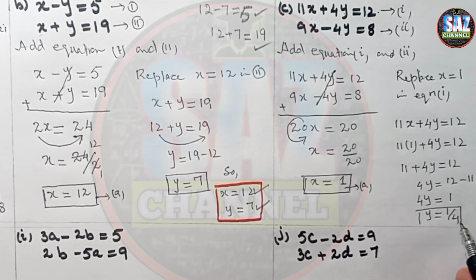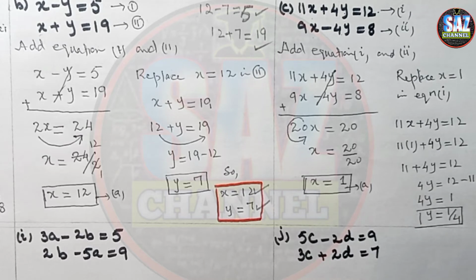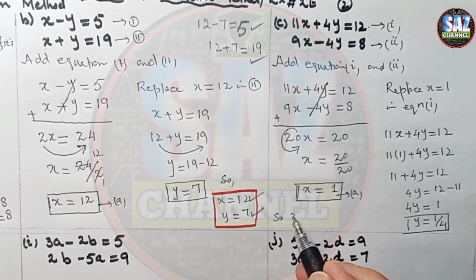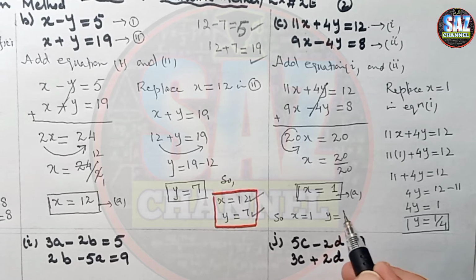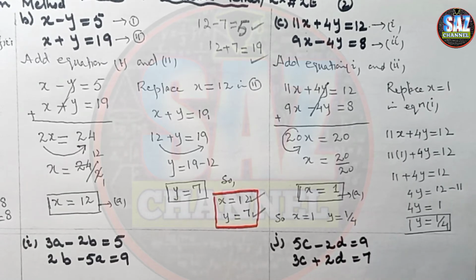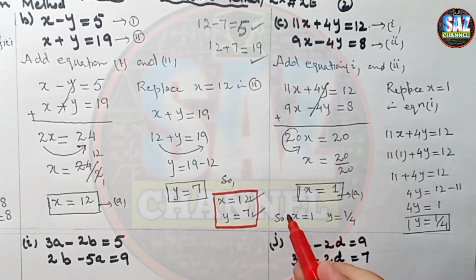I hope you are clear about this question. So x equals 1 and y equals 1 by 4 is the solution for this situation.